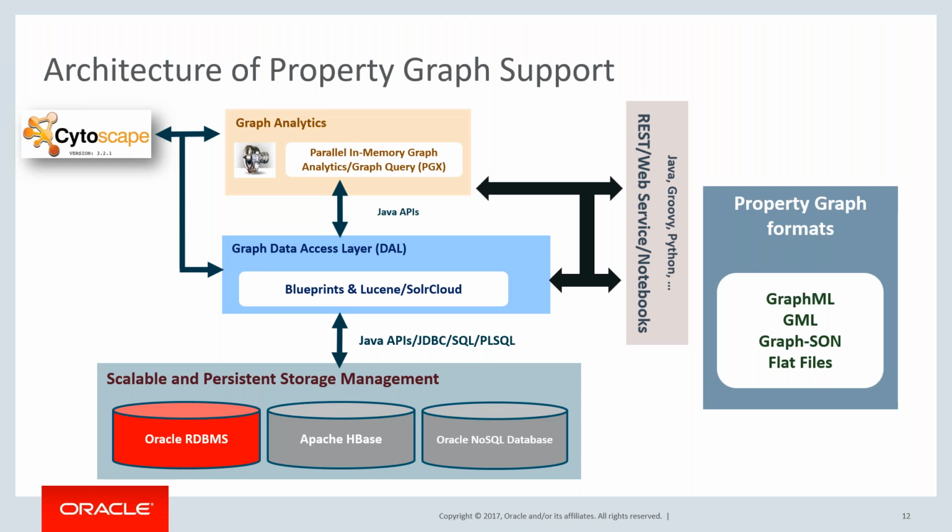We can access the graphs through SQL. We can use Groovy. We can use Java. We can use PGQL, which we'll be talking about today. You can also use Python. So there's a number of different ways to get at this graph data, and that data access layer really abstracts that so that all the various APIs can get at the data.